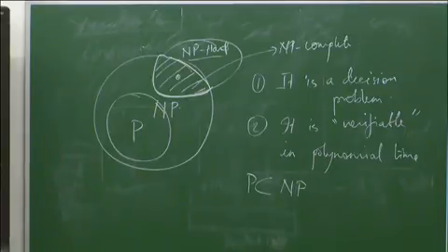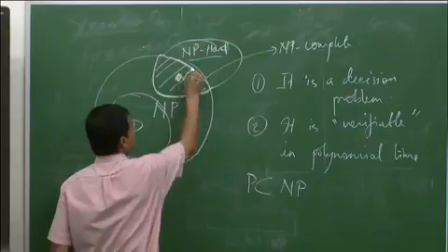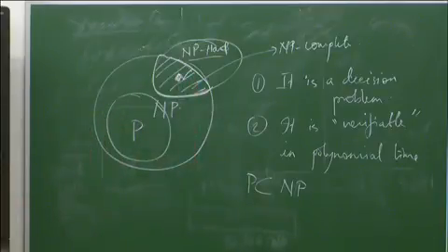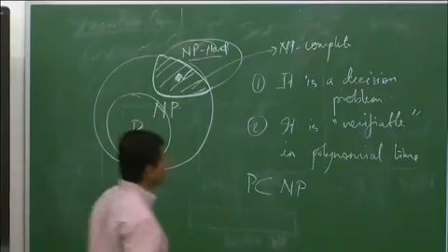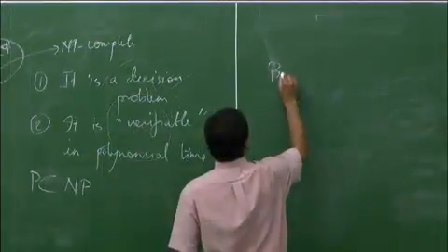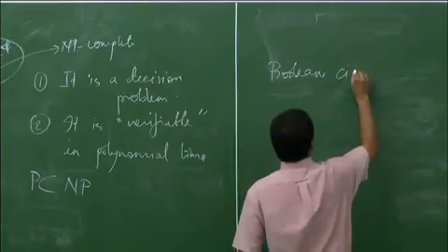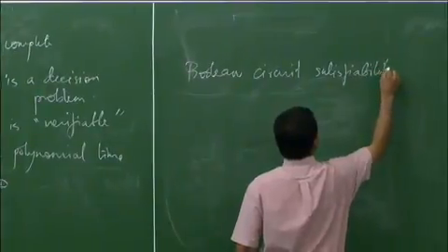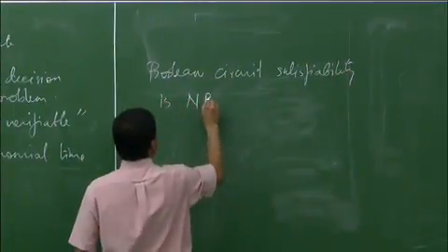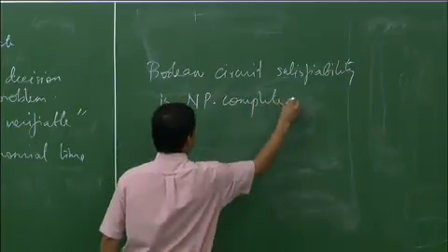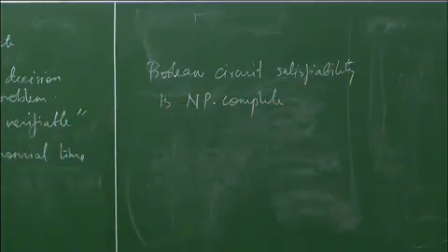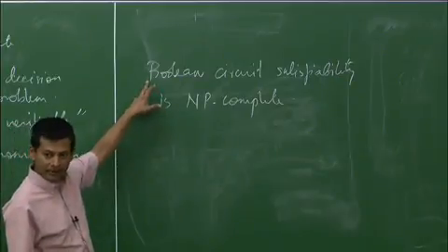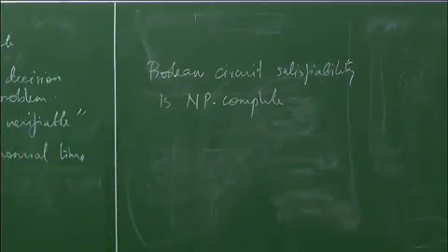So, what we did last time was essentially tell you that Cook actually found one problem that is NP complete, by which we mean what he showed was that every problem in NP is reducible to the Boolean circuit satisfiability problem.